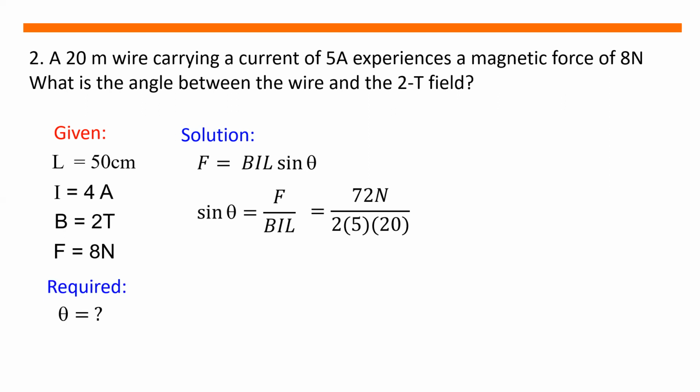The given is 72 Newton, the magnetic field is still 2 Tesla, the current is 5 amperes, and the length of the wire is 20 meters. So the angle between the wire and the 2 Tesla field is equal to 21.1 degrees.